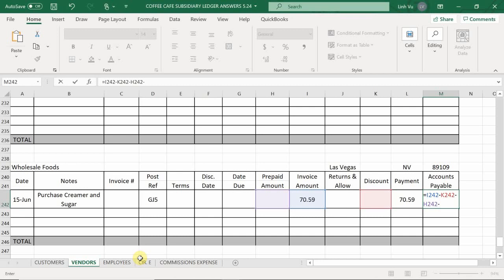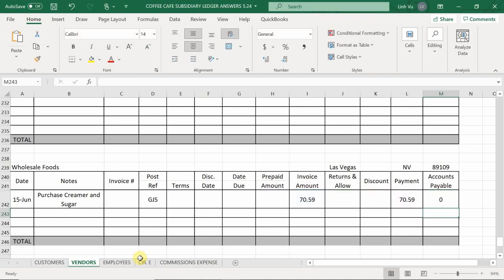Returns and allowances. What else? What decreases the invoice amount? Your payments. Good. Excellent. So then, how much do you owe Wholesale Food Store? Zero. Nothing. Good.